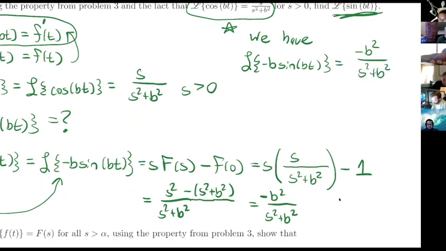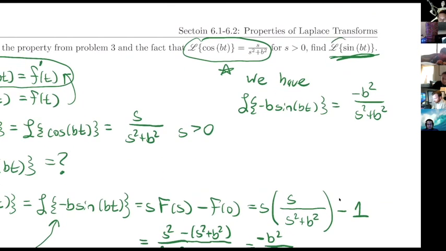So we've got minus b squared over s squared plus b squared is the Laplace transform of minus b times the sine of bt. But we didn't want to have that minus b inside of there.